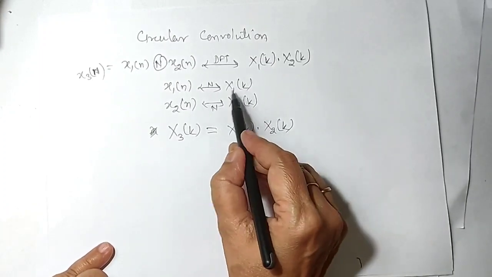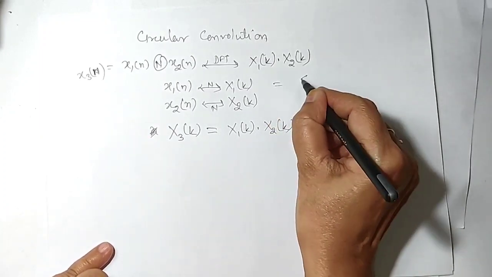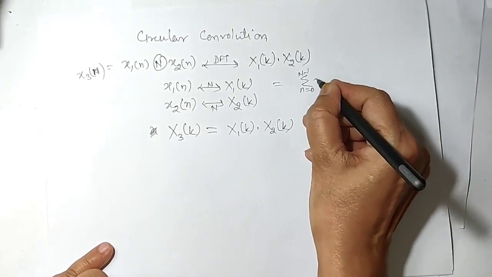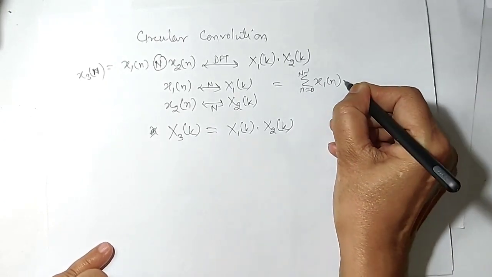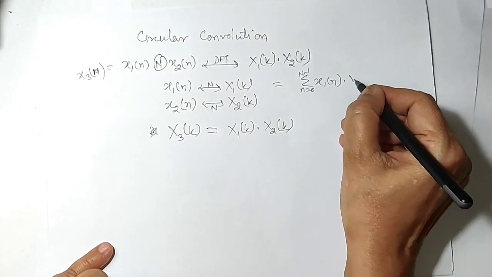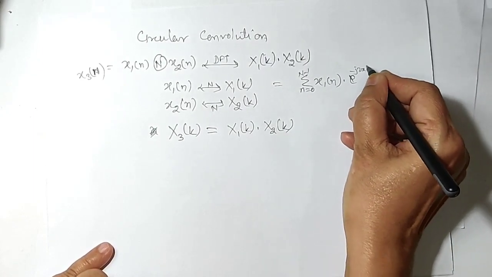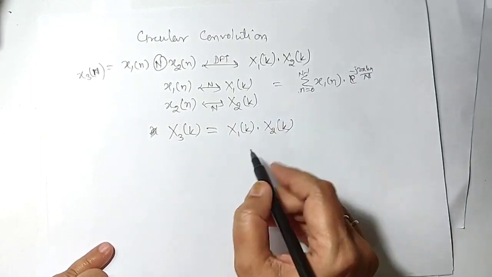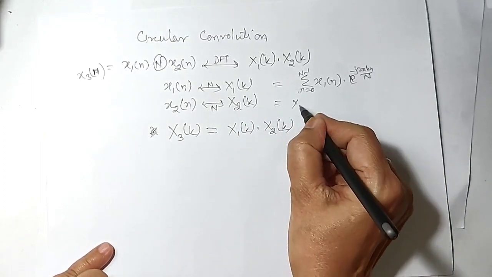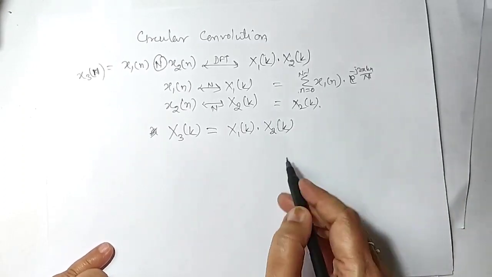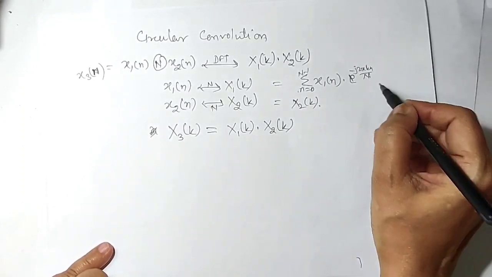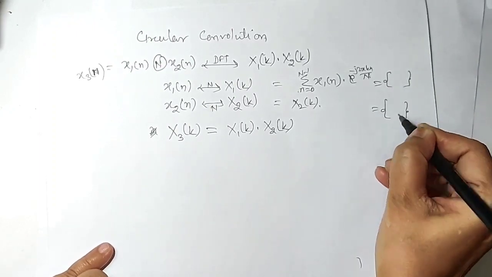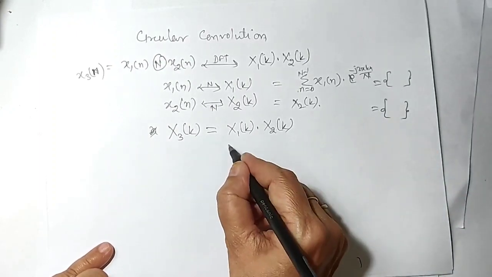After calculating this Fourier transform with the equation, n equal to 0 to N minus 1, take x1(n) and e to the power minus j 2 pi k n by N. So this will be X1(k). Similarly, it will be X2(k). We take the product of these sequences.